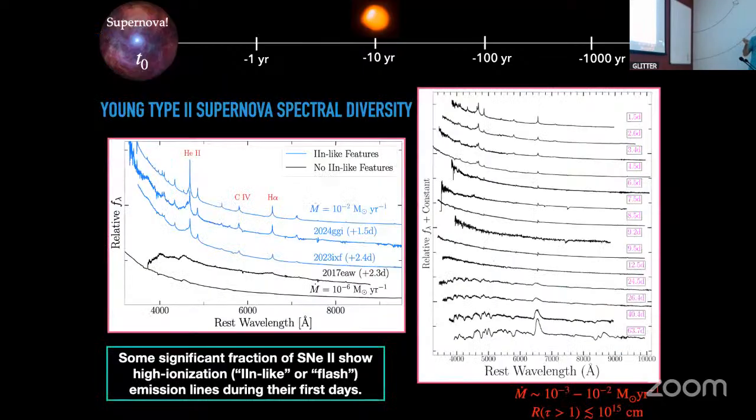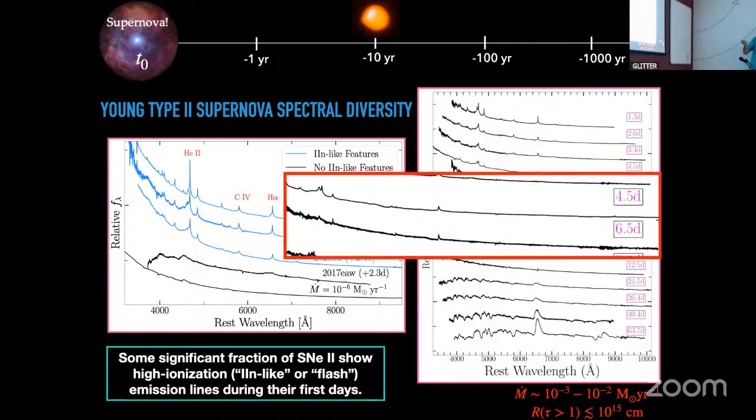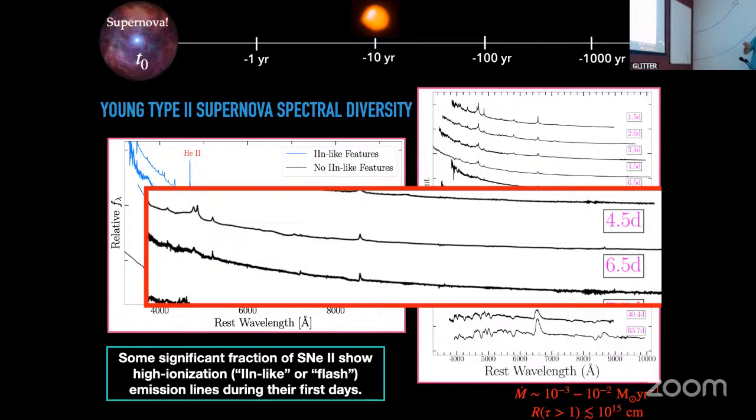This is something that we try to get pretty routinely with type 2 supernovae. We try to build spectral sequences where we see these high ionization lines. These are now observations, and we want to see this transition point. We want to see where the lines are still prominent, and then they transition away.